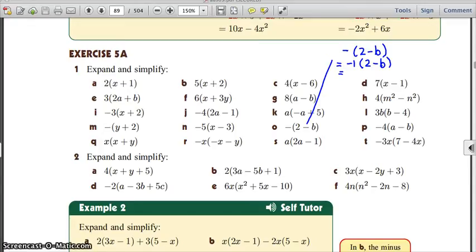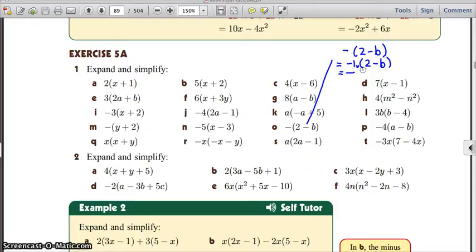All right, and remember yesterday, what did I say we do first? Do we do signs, numbers, or letters first? Signs. We do signs first. So we're doing a negative multiplied by a positive, gives us a negative.